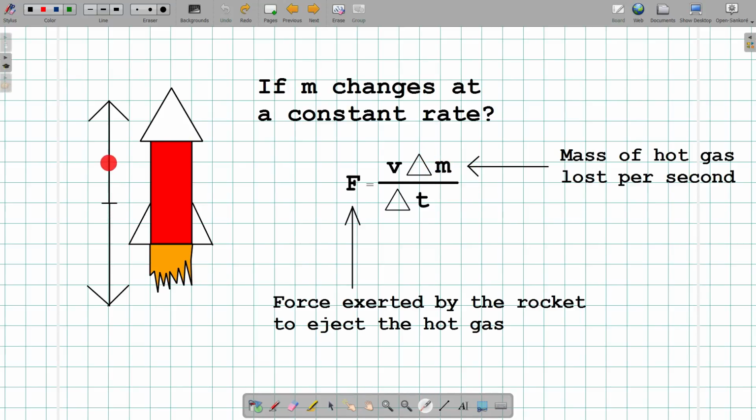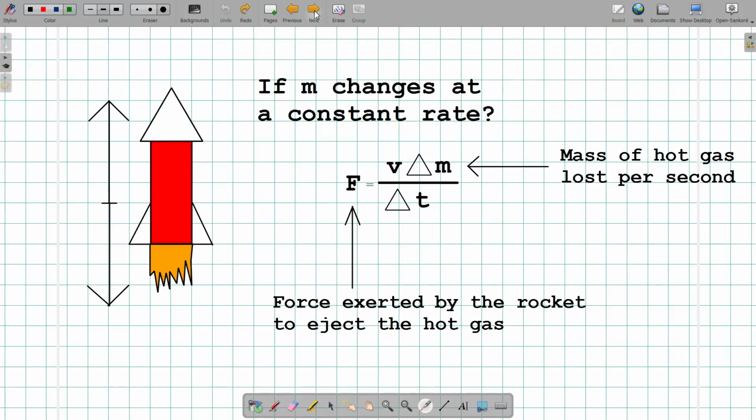If we have the thrust, because of Newton's third law of motion, where every action has an equal and opposite reaction, it's going to have the same magnitude as the force exerted by the rocket to eject the hot gas. So just to let you know that one. Remember, do some questions on this. Just do past papers, really. You'll get the hang of it after that.